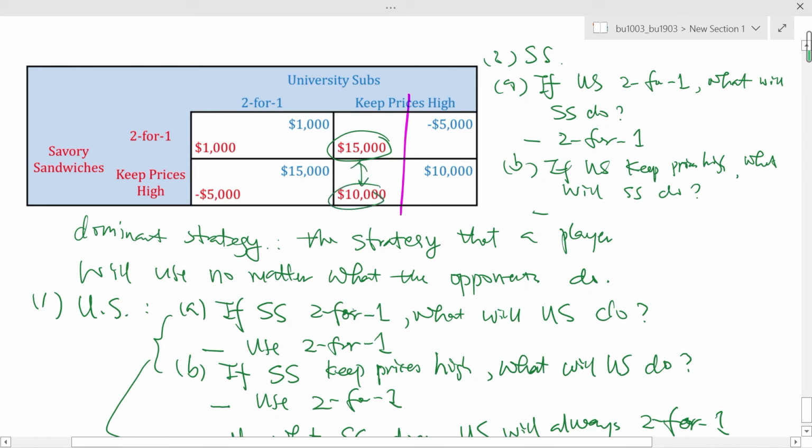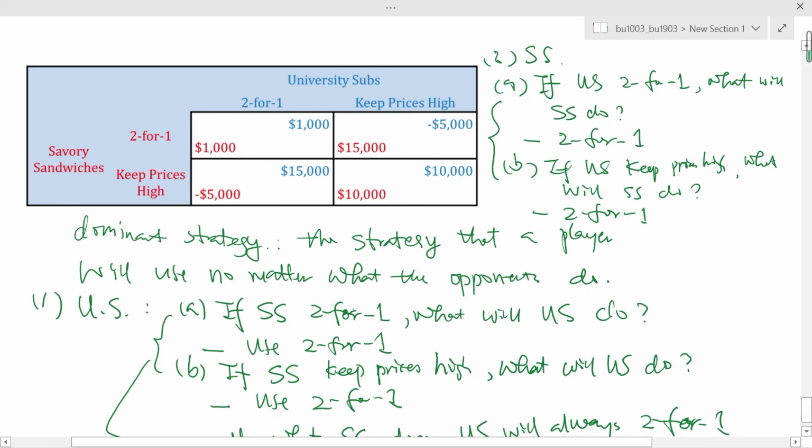Comparing these two, yes, it's two-for-one for Savory Sandwiches. So we can conclude that two-for-one is also the dominant strategy of Savory Sandwiches.